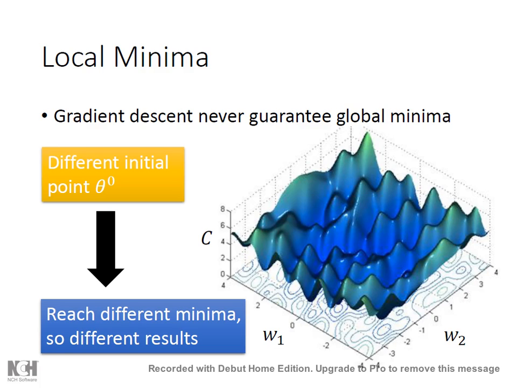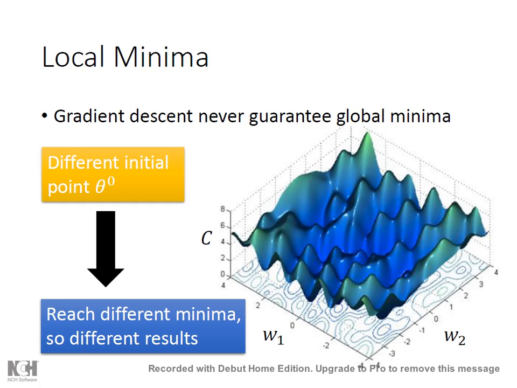So here you can see there will be very many different minima, so you will have different results. That's why we want to run several times, because each time you randomly initialize the network. Or for example, you just randomize your initial seed, so each time you will find different results.